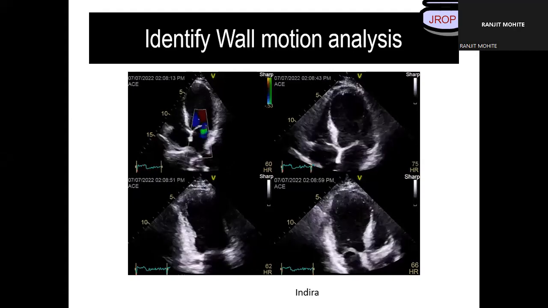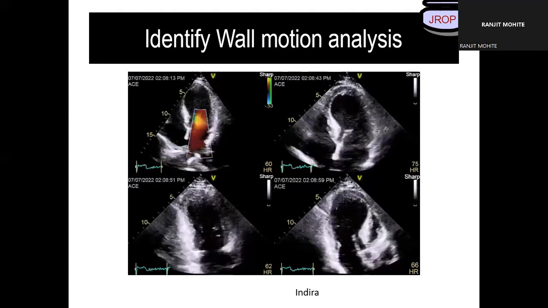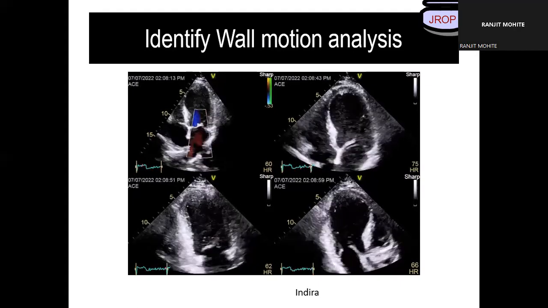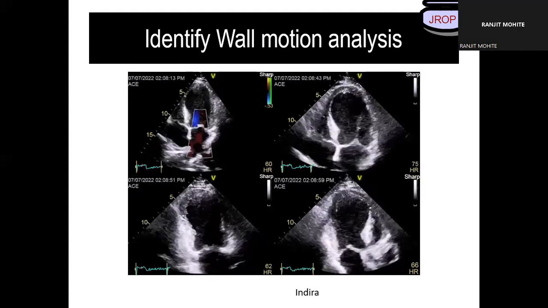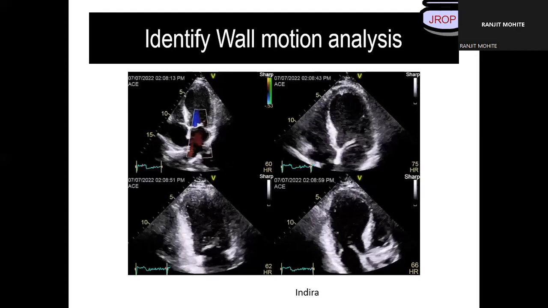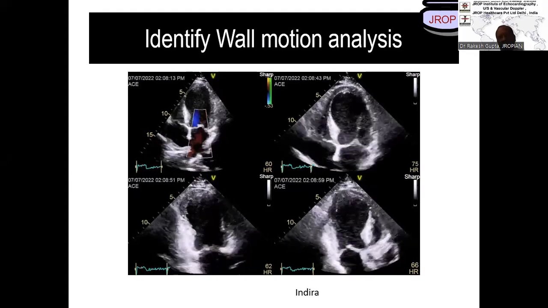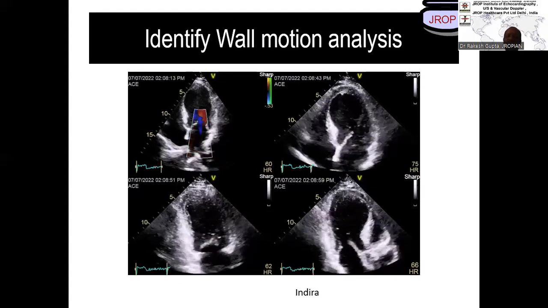Sir, LV looks dilated and in the LAD territory, mainly the apical septum and apical lateral look hypokinetic, and there is MR also. I'm not satisfied as yet. Let's take segment by segment.